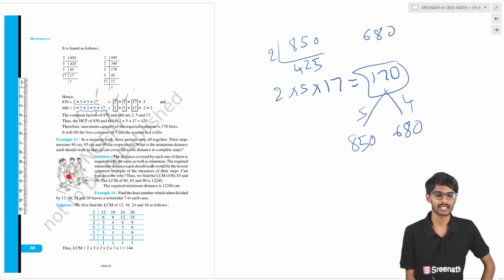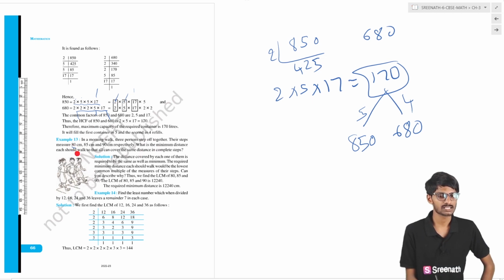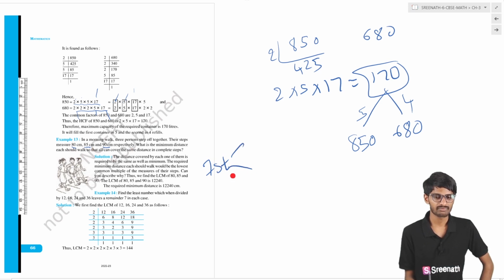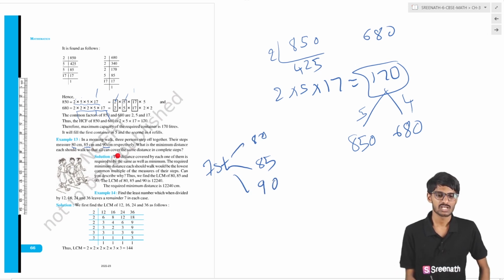In this example there are three students like you, and for one step, one is covering 80 centimeters, another is covering 85 centimeters, and another is covering 90 centimeters. So they are covering different distances in one step. What is our aim?